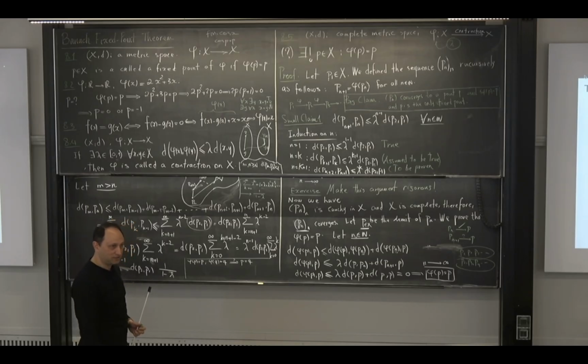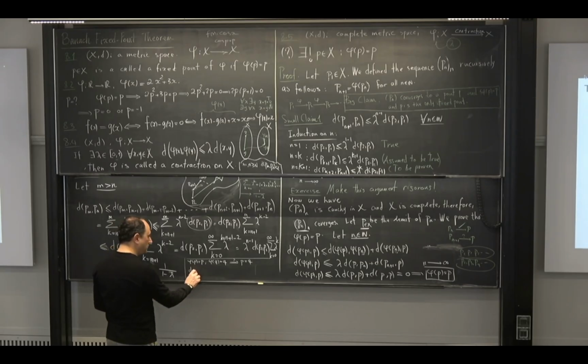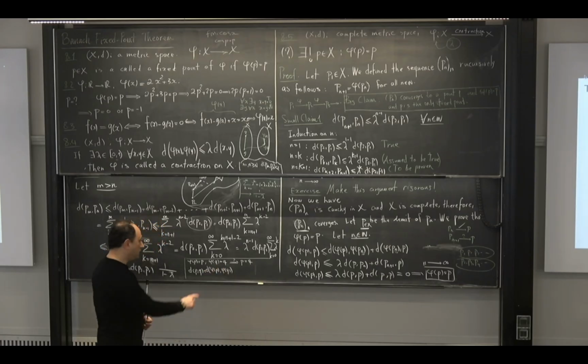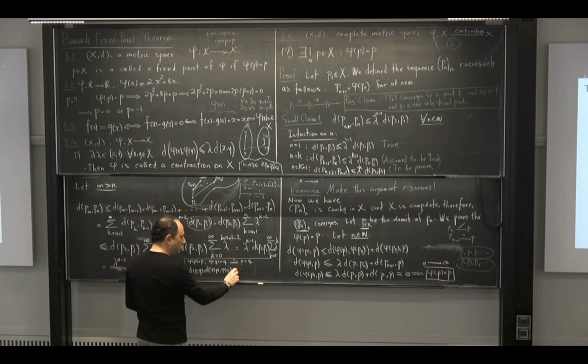Look at the distance. The distance between P and Q is equal to, instead of P, I write phi of P, instead of Q, I write phi of Q. Because phi is a contraction, this is less than or equal to lambda d(P, Q).